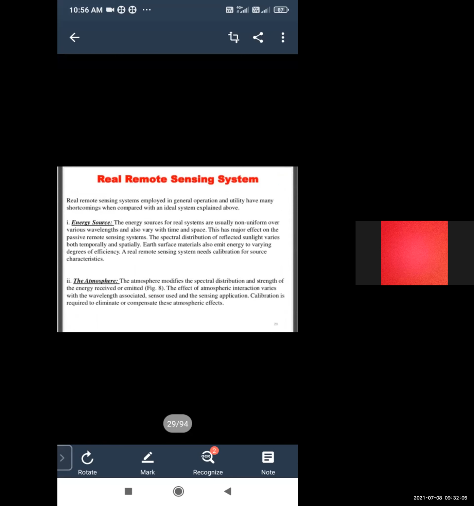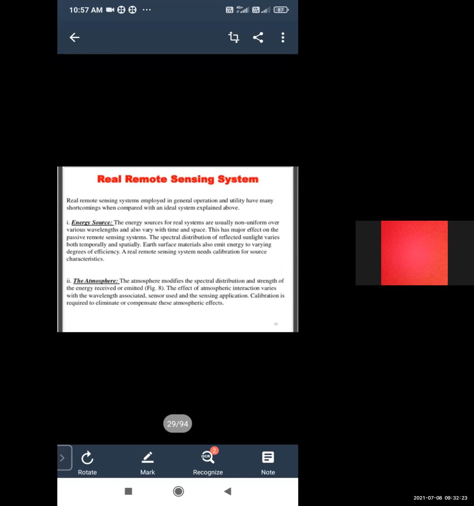The effect of atmospheric interaction varies with the wavelength, the sensor used, and the sensing application also. So calibration is required to eliminate or compensate for this atmospheric effect.